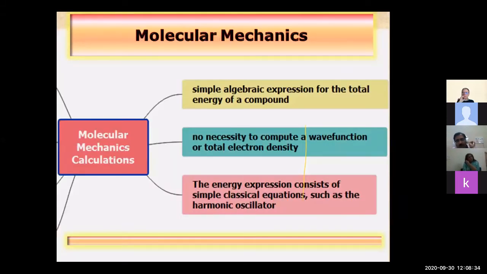Right. If we talk about molecular mechanics, it basically comes to the rescue if we have to deal with very big systems. If a molecule is too big to be effectively used even for semi-empirical calculations, like DNA and proteins, it would be very difficult to look for semi-empirical calculations about such large molecules.